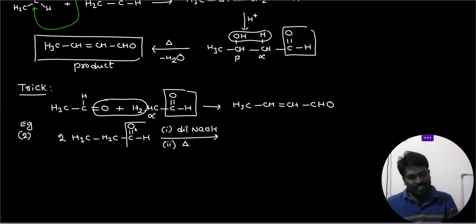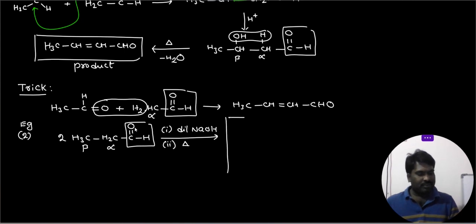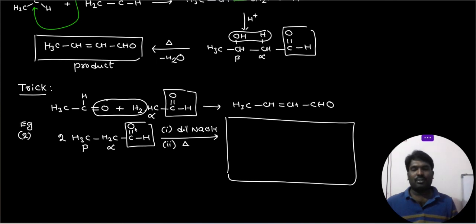Yes, very simple. This is the functional group. The adjacent carbon is alpha, then beta. Understood? Here, what is the product? Below 10 seconds you can easily write the product. How? Listen, from the first propanaldehyde, you can remove oxygen.